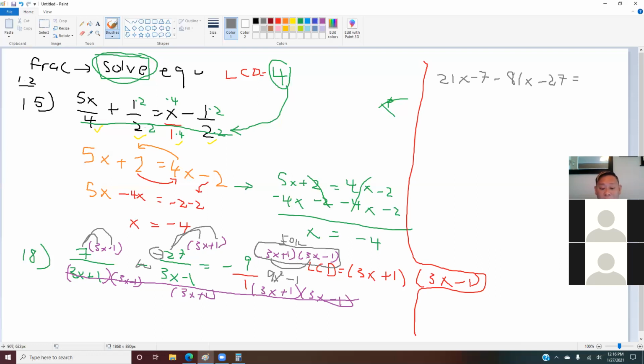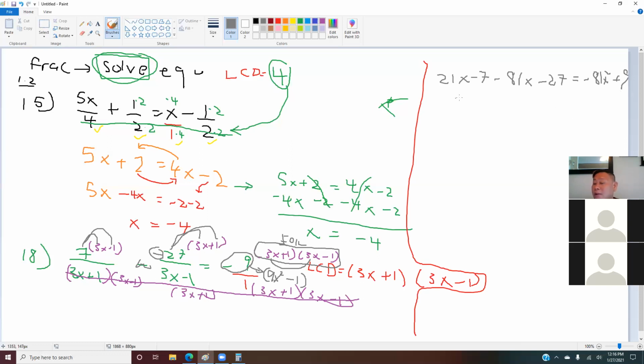The middle terms, 3x and a negative 3x, cancel out. But do not forget that once you finish foiling this, you have to distribute negative 9 too. So negative 9 times 9x is negative 81x squared. And negative 9 times negative 1 is a positive 9.